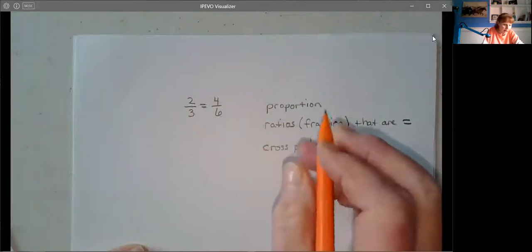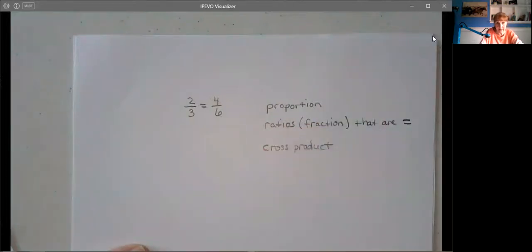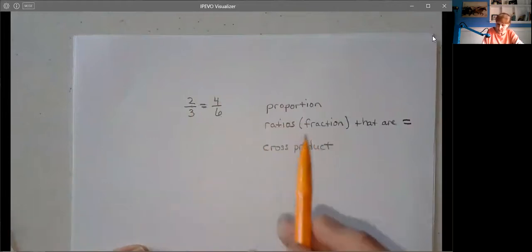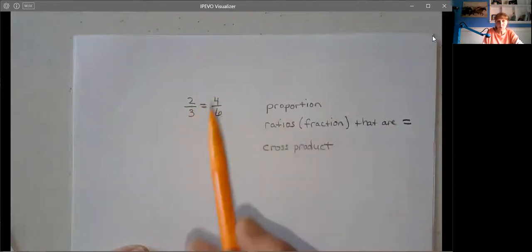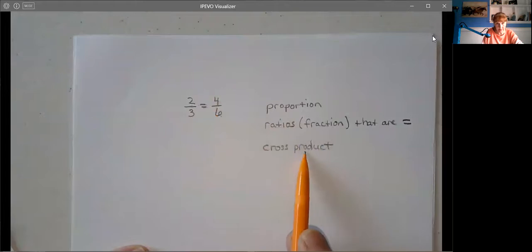We're going to find the cross product to determine if this is actually a proportion, if these two ratios are proportional. So we're just kind of learning some new terminology here. To determine if this ratio is proportional to this ratio, we're going to use the cross products.